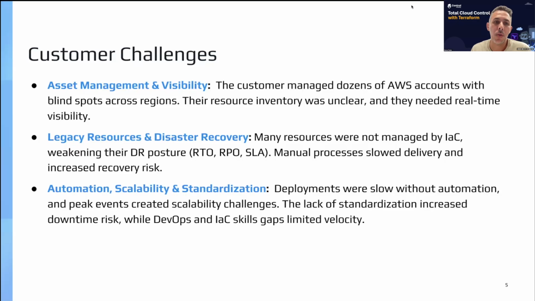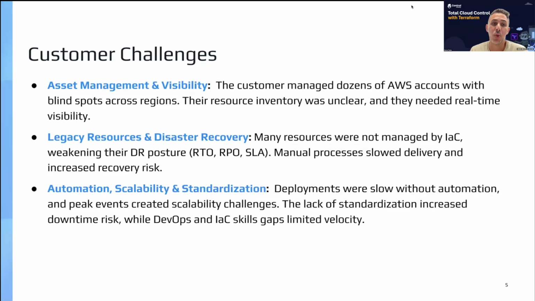Challenge number two was around legacy resources that weren't managed by IaC, which affects their disaster recovery posture. Think about a cloud account where not all of your resources are managed by IaC. What happens if one of your resources gets deleted? How are you going to restore that resource? Infrastructure as code actually allows you to define everything in code that you can reproduce if something bad happens.